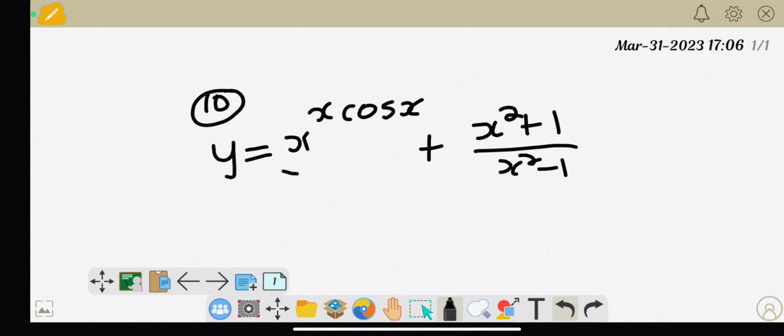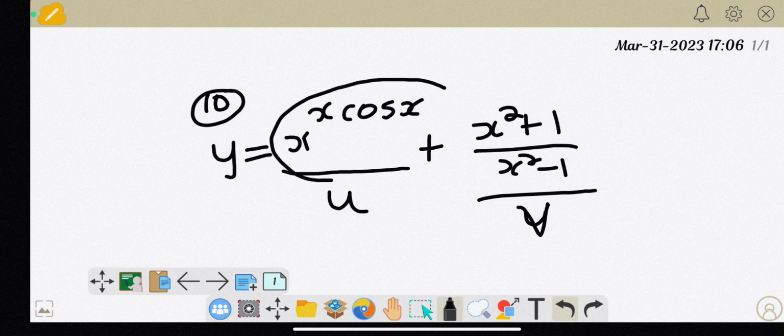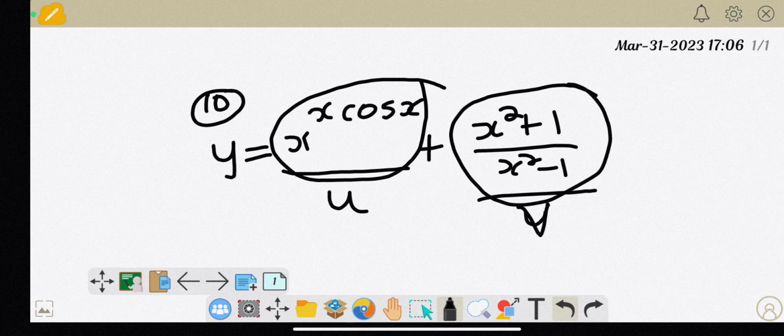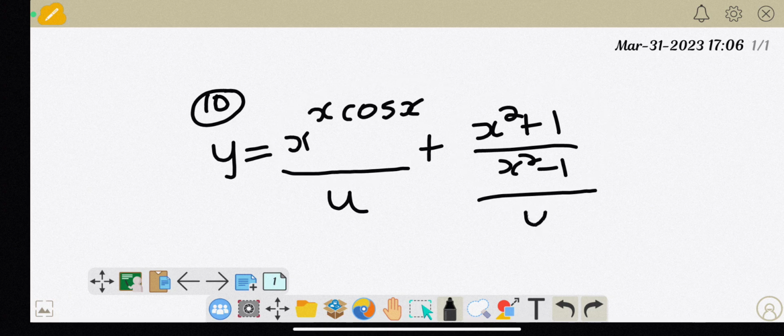So assume this term to be u and assume this term to be v. So you have to apply log on both sides for this term. This term is optional. If you want, you can do it with applying log on both sides. If you don't want, you can use quotient rule. So I suggest using log on both sides. Why? Because your problem will be easier while solving it.